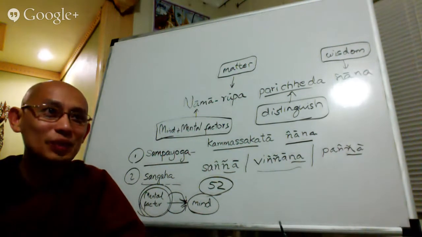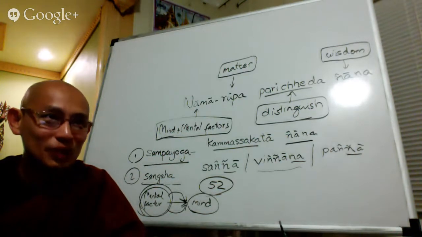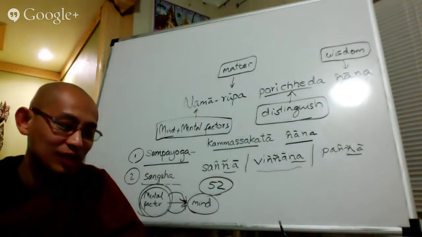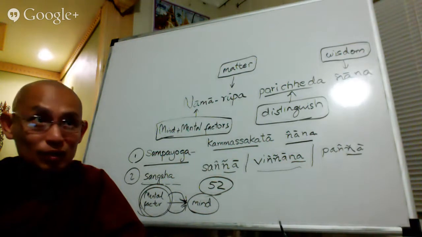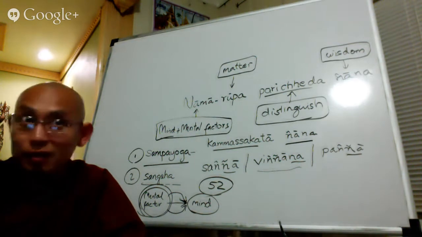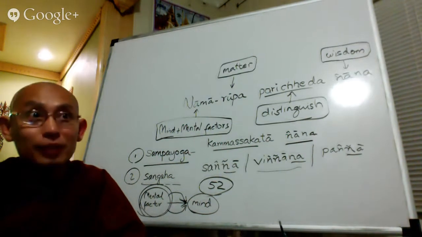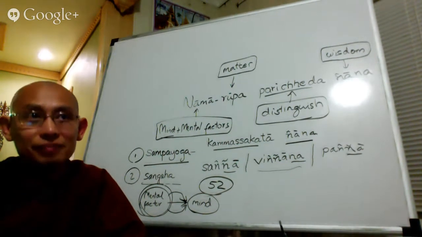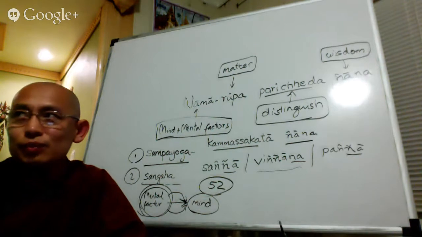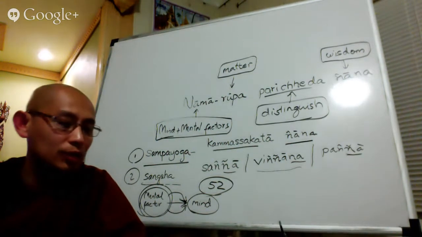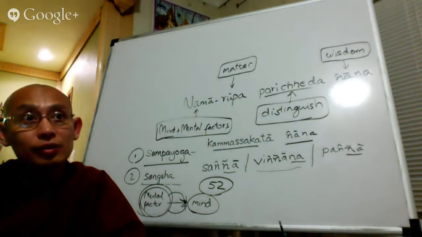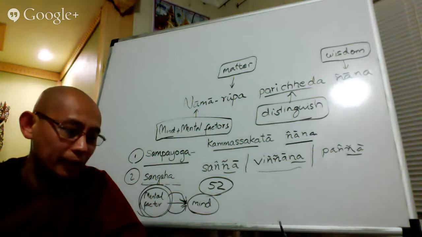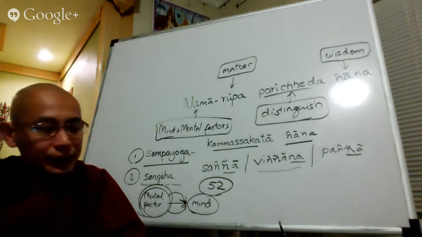Because it is the most difficult one. Lokuttara Chittas totally destroy mental defilements, very powerful. So we need much more effort here. So all supramundane minds are associated with vidya. Okay. So we finish vidya.